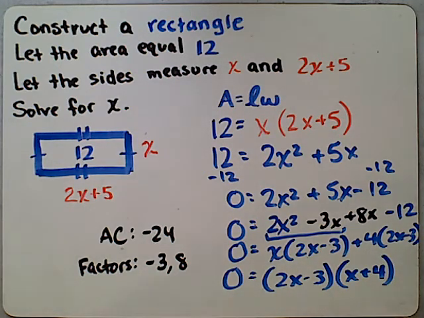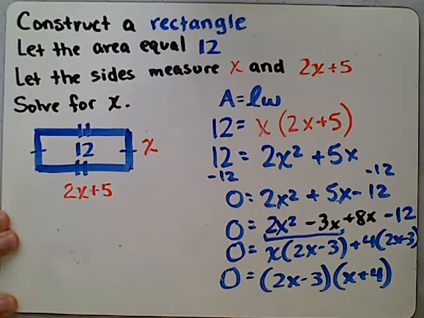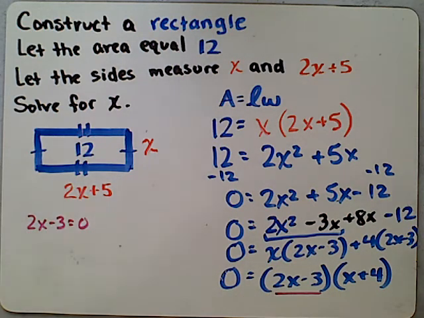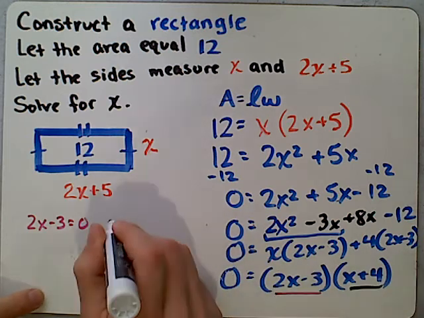Alright, now we're going to solve these two expressions as equations. So we're going to set the 2x minus 3 itself equal to 0. And I'm going to also set the x plus 4 equal to 0 as well.